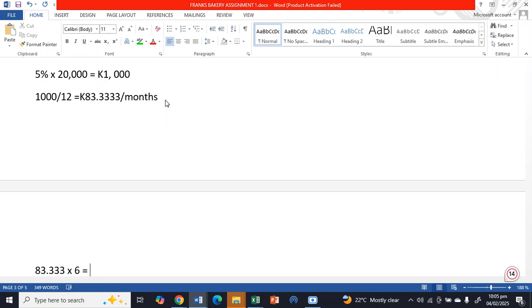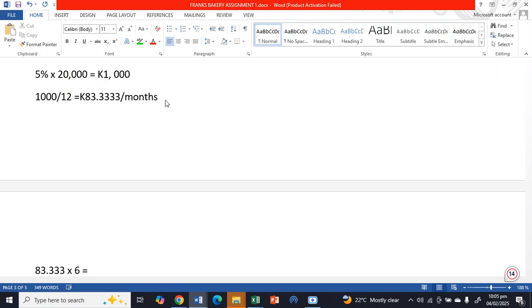Rounded off, it is 500. So from July to December 31st, we have to pay 500 kwacha in terms of interest.